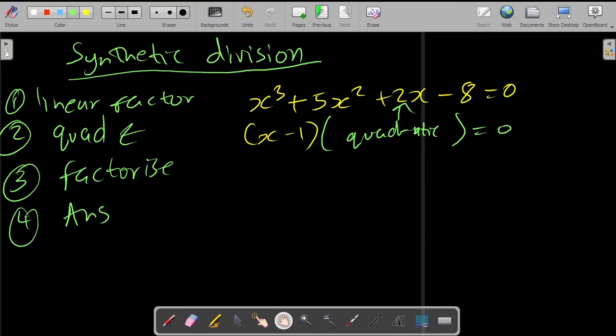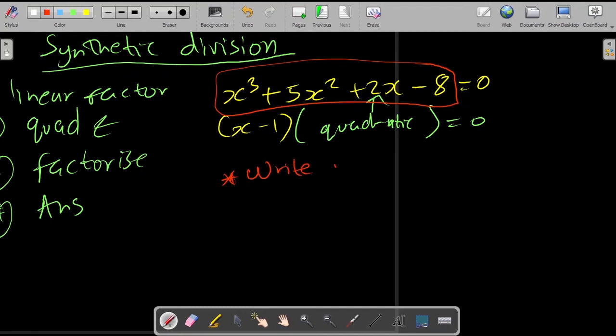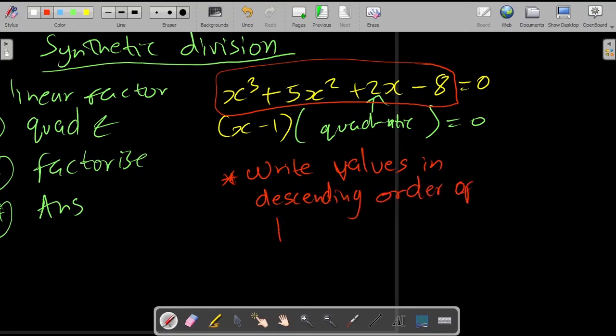And here's how this differs. In this synthetic division method, you're going to take the coefficients from the original expression. First, make sure your values are written in descending order of powers of x.